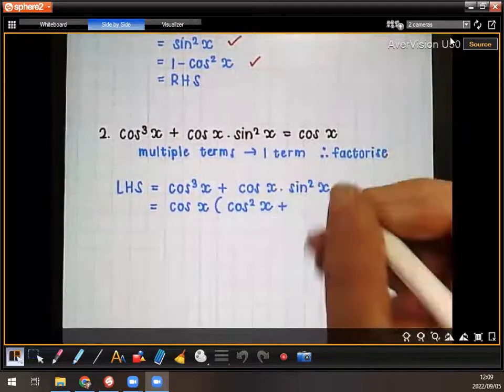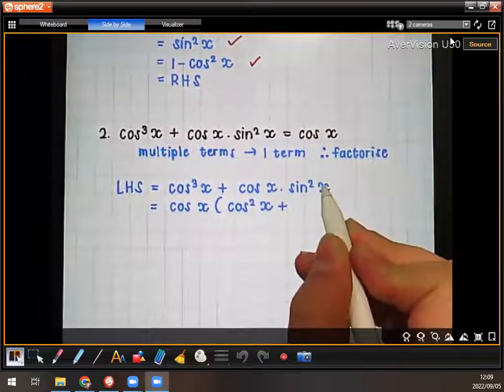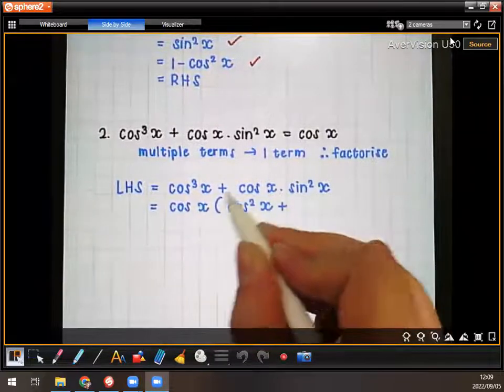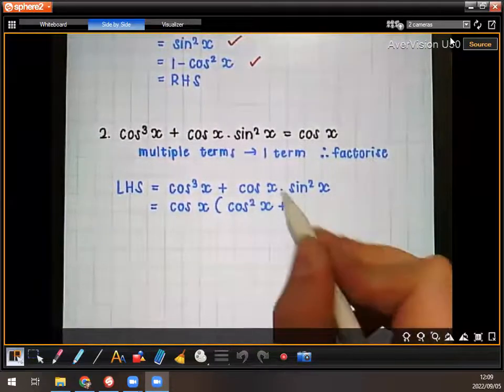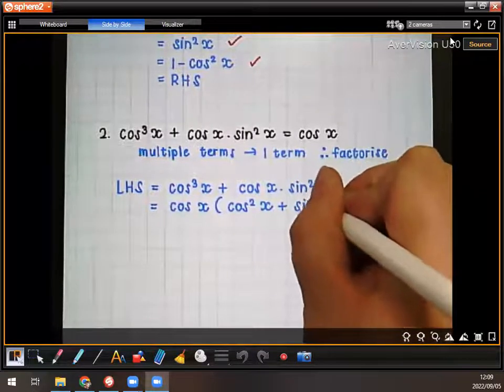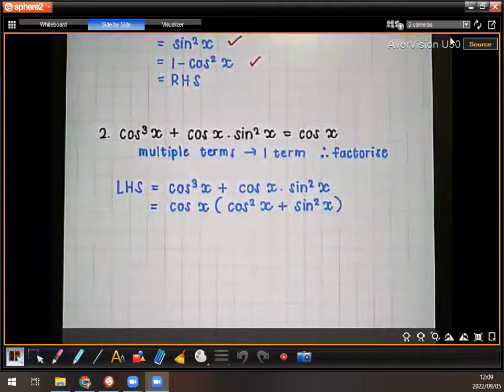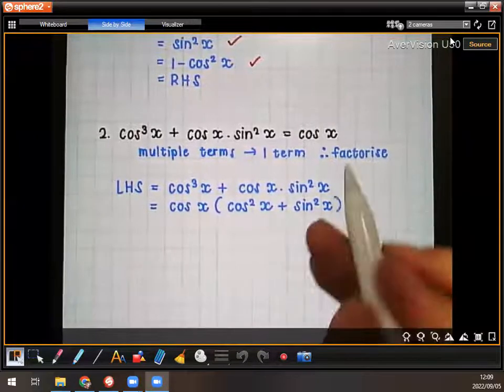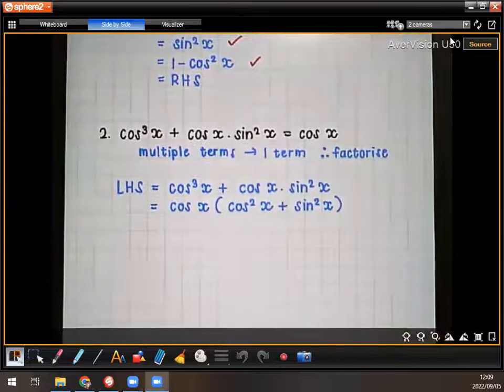And for the next term, if I have cos x times sine squared x, and I divide by cos x, what's going to be left? Just sine squared x, hey? So cos squared x plus sine squared x. Okay, so now we do have one term, right? Because we have cos x times the bracket, that's one term. But we actually just want cos x, right? So what can I do here?